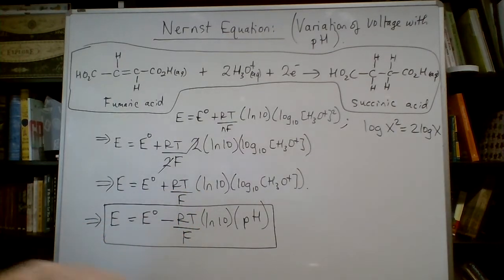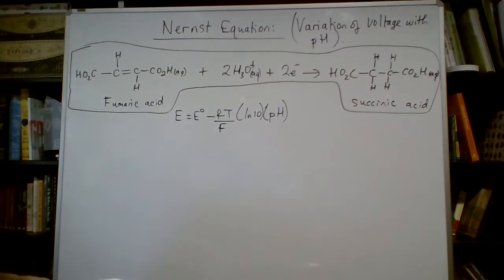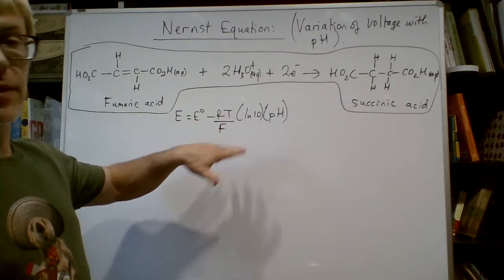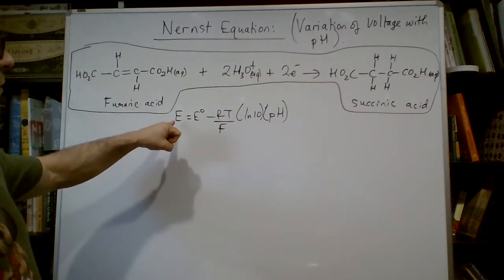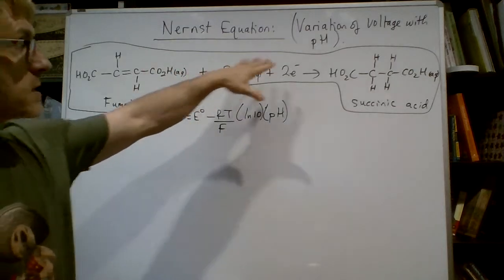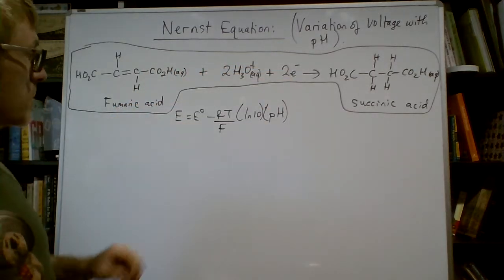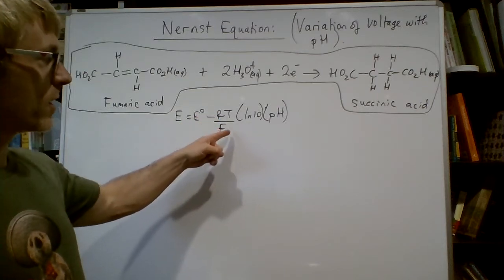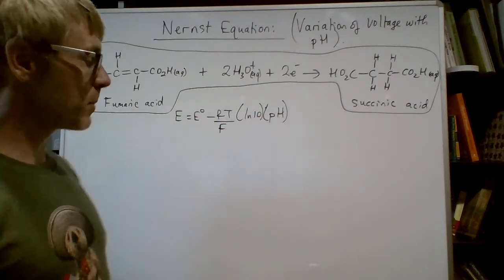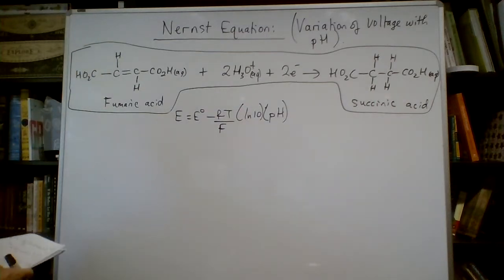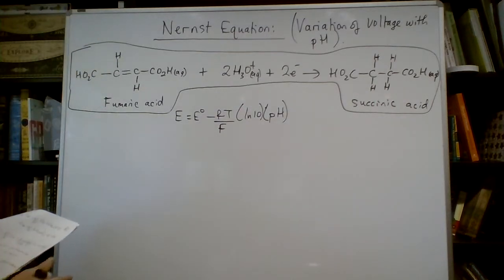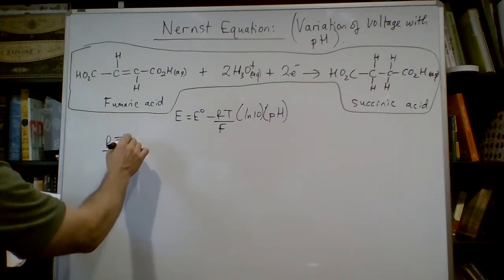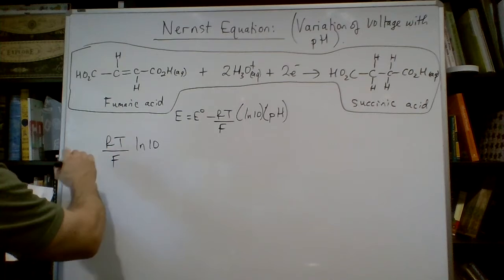So let's have a look at what this all means. Several slides later, we left off with this equation. The voltage under non-standard conditions for this part of the Krebs cycle is the voltage under standard conditions minus RT over F log 10 multiplied by the pH. If we solve for RT over F log 10, this is the constant part of our expression.